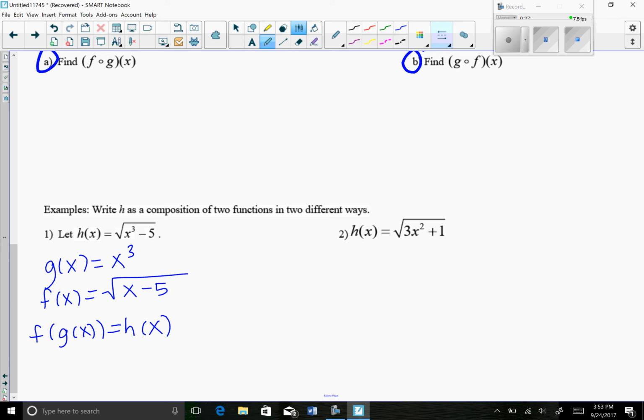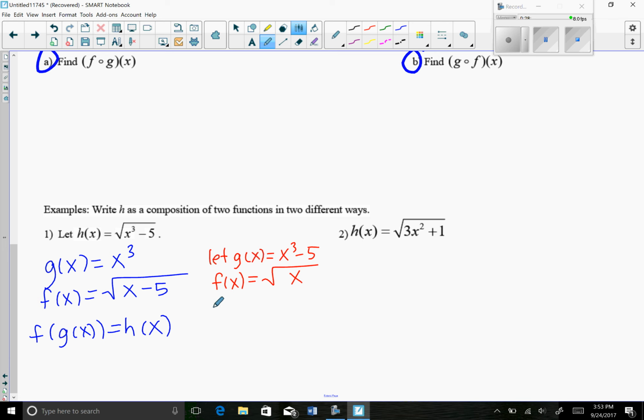So for another way to write this function, I could let g of x be equal to x cubed minus 5. Then f of x would have to be equal to the square root of just x. So now if I plug this into here, notice I would get my composition function h of x.